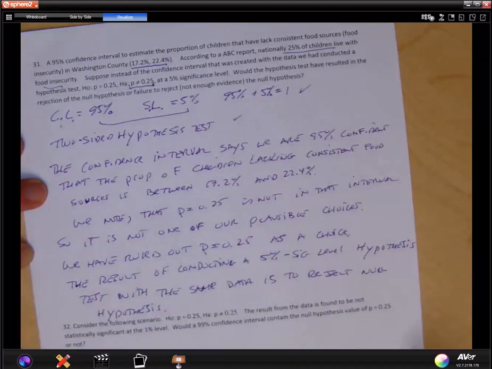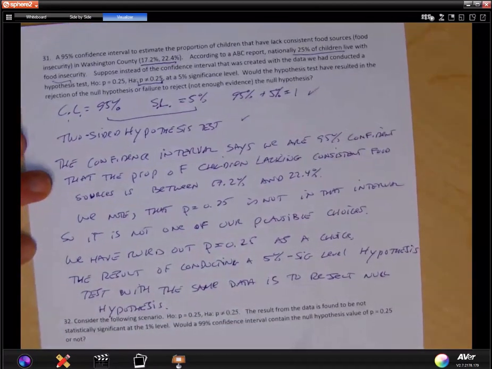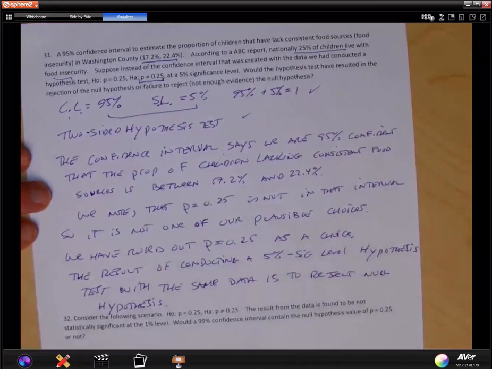So that would have been what would have happened had we conducted the hypothesis test. The null would have been rejected.